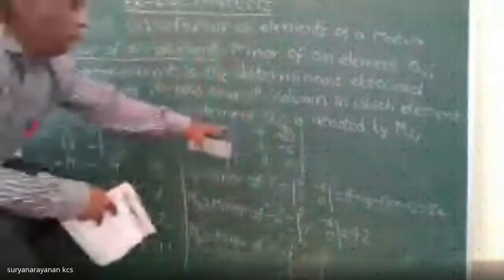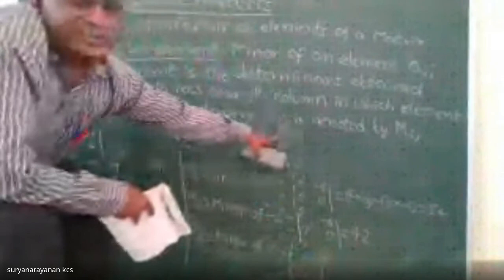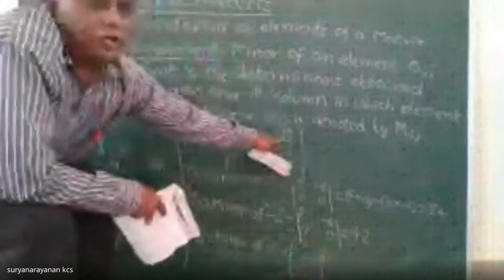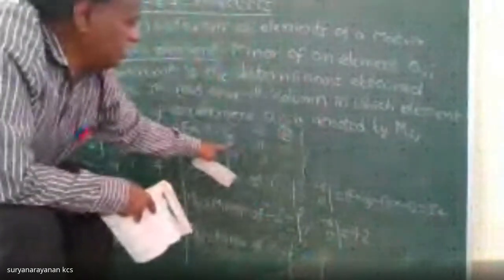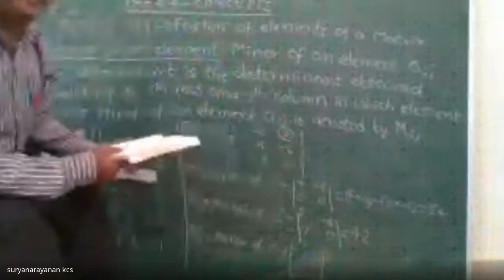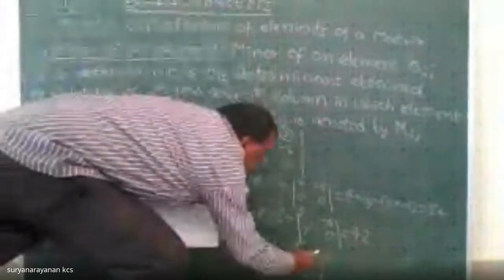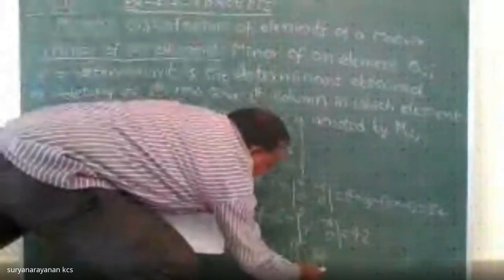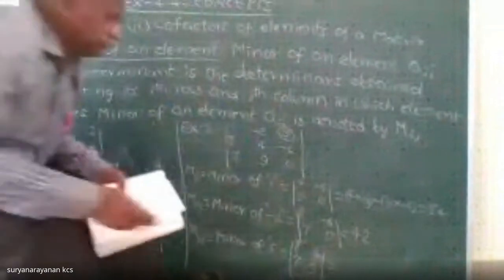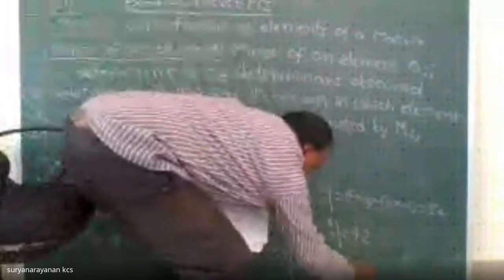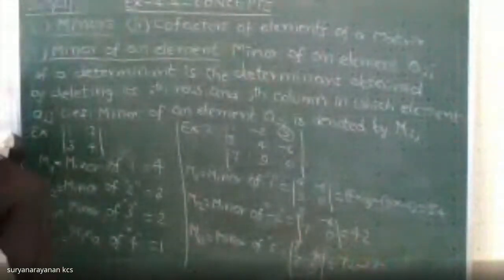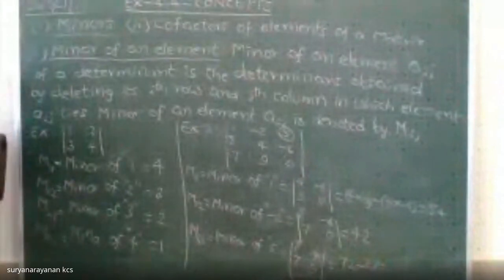Close the first row and third column, because this element lies in the first row and third column. What will you get here? 8, 4, 7, 9. Then find its determinant. 72 minus 28.